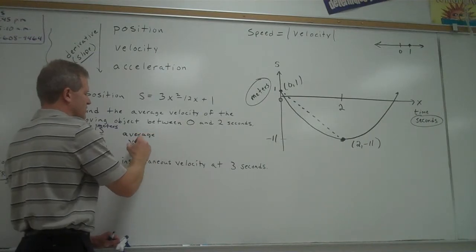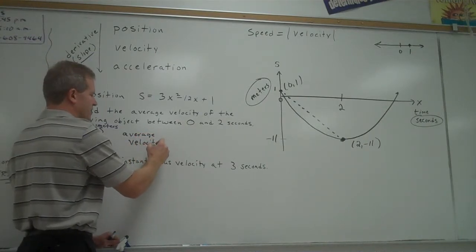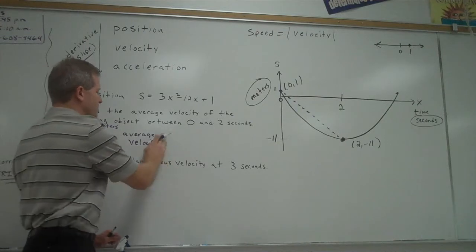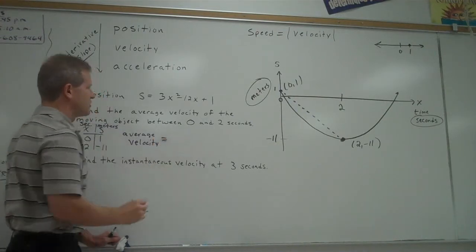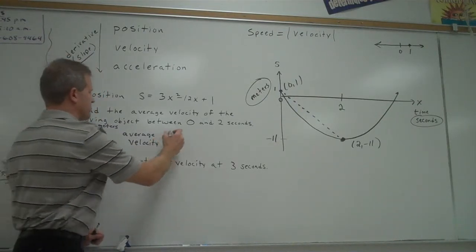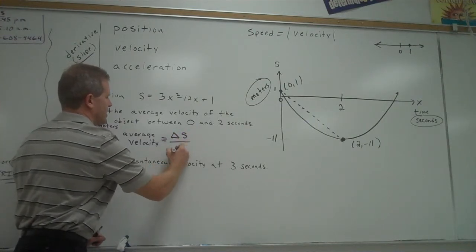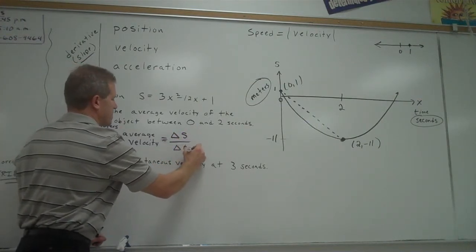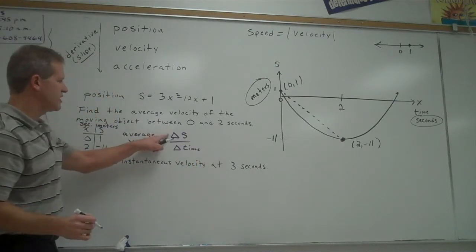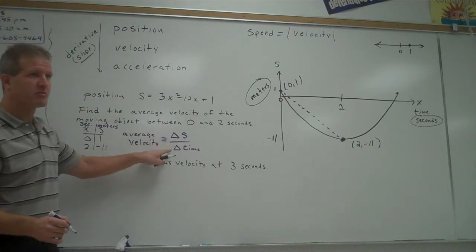And we really have to watch your labels closely, and they kind of give you a clue if you're doing it right or not. So if I do the change in position over the change in time, that should give me the change in meters over the change in seconds, meters per second.